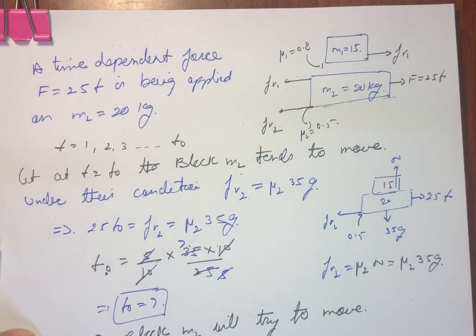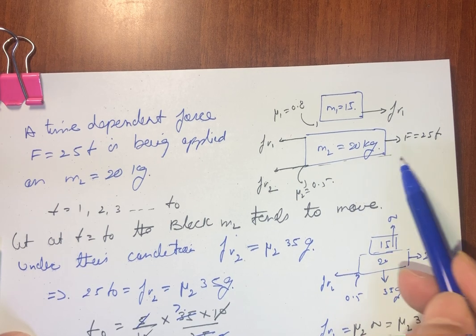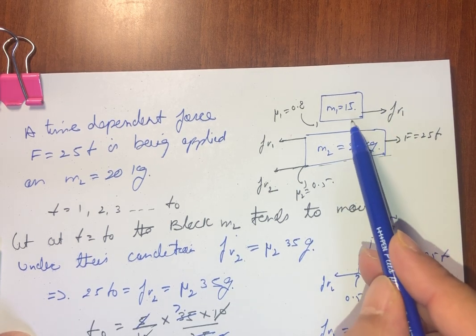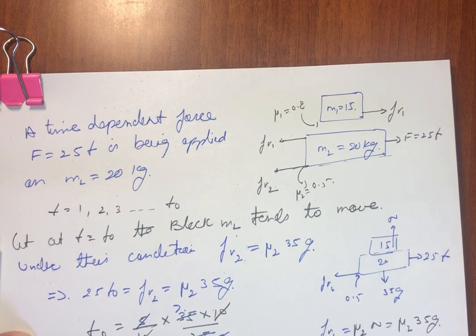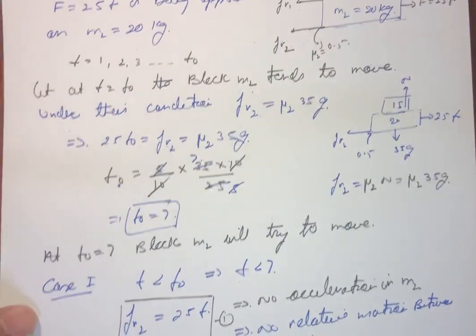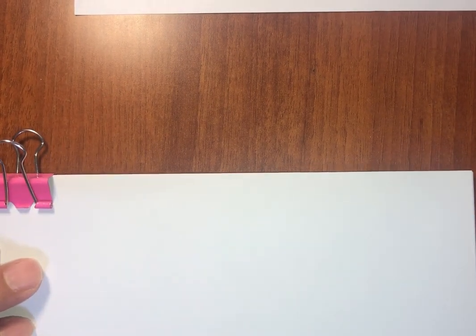So M2 will try to move with a certain acceleration, and M1 will also try to move along with block M2. And they will move together.